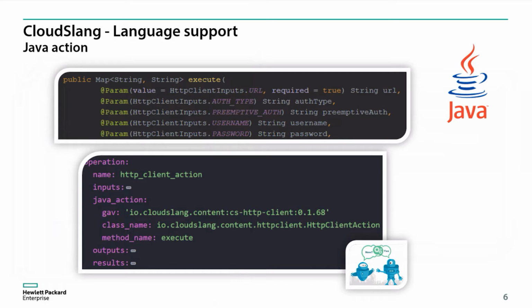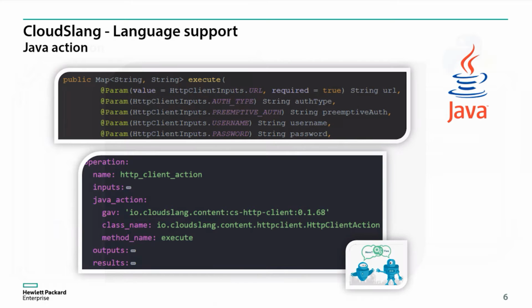Now you were able to do this with CloudSlang even before the 1.0 version. But with the introduction of 1.0, what we added was the ability to reference your actions in a graph-based manner. So you can put the group, artifact and version, the class name, and the actual method name in order to be able to reference your desired Java action.